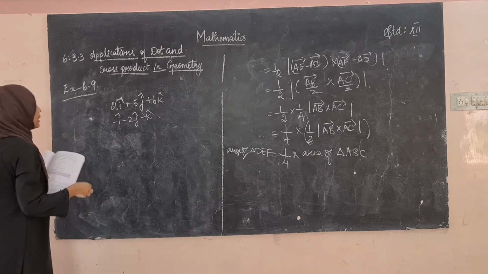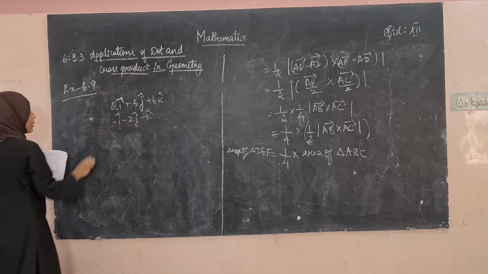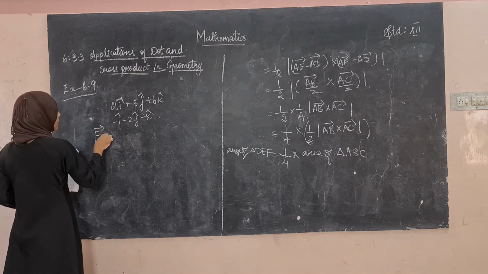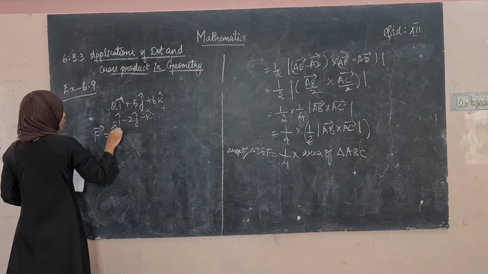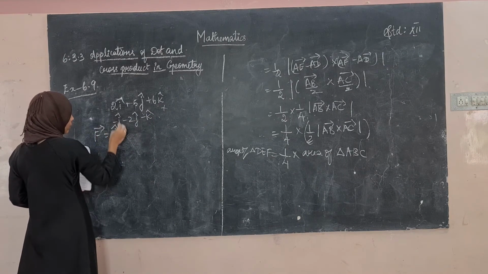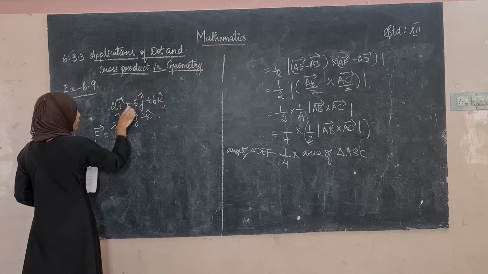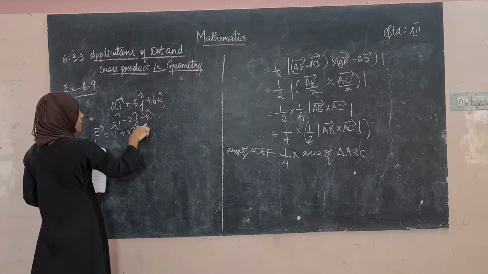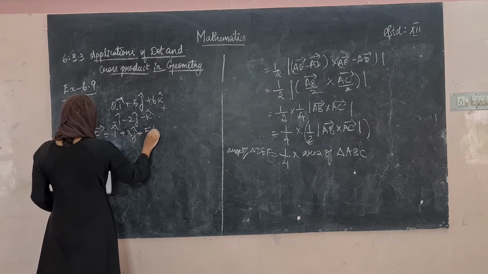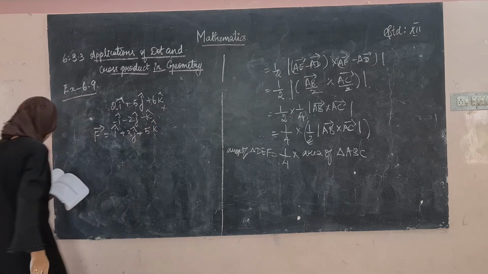First, these two are the forces applied, so F vector can be given by adding these two. 2 minus 1 is 1 into i cap, 5 minus 2 is 3, so plus 3 j cap, 6 minus 1 is 5, so plus 5 k cap.